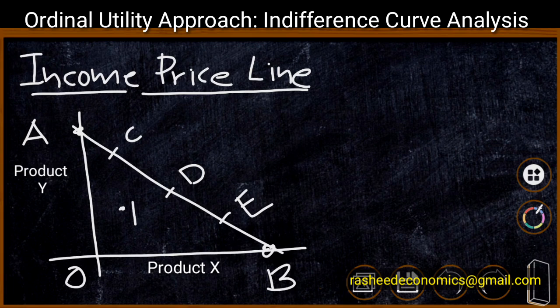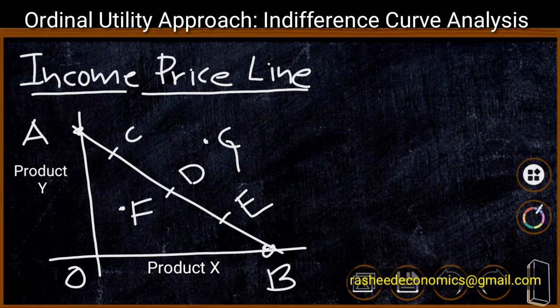The consumer is not ready to consume at point F because F lies below the budget line, and the consumer always wants maximum satisfaction and therefore he will be consuming the maximum of X and Y. Therefore the consumer will not select a point below the income price line, like point F. Similarly, the consumer cannot purchase a point like G because it is above the income price line.